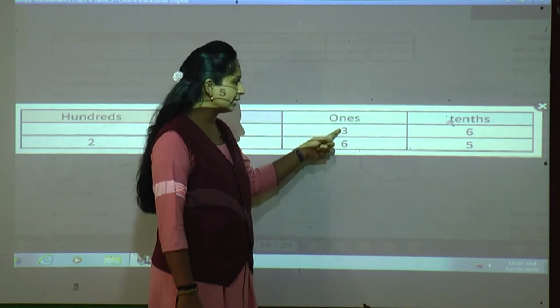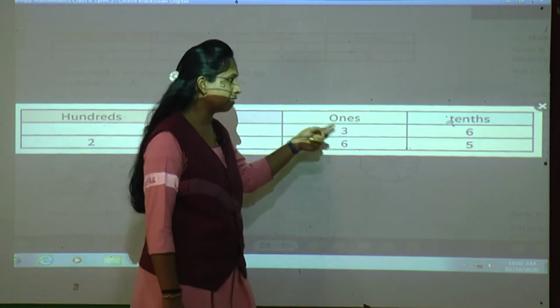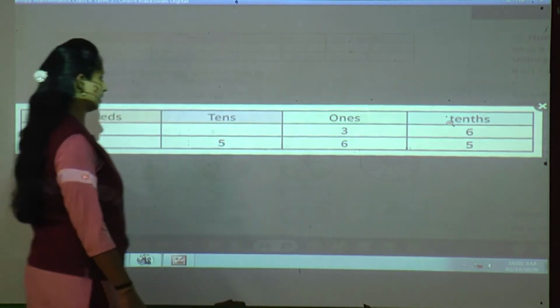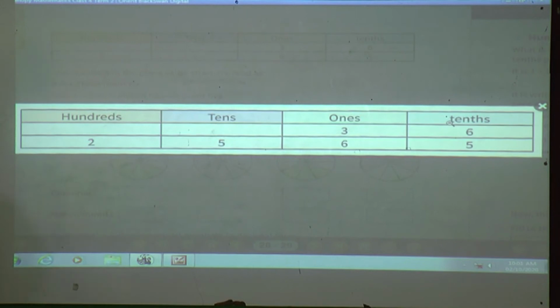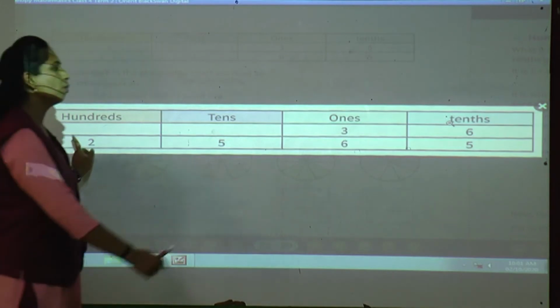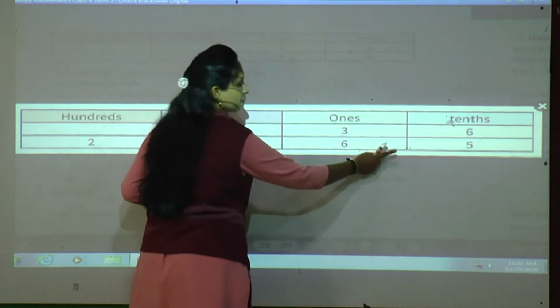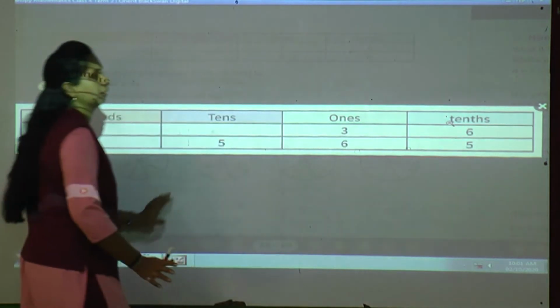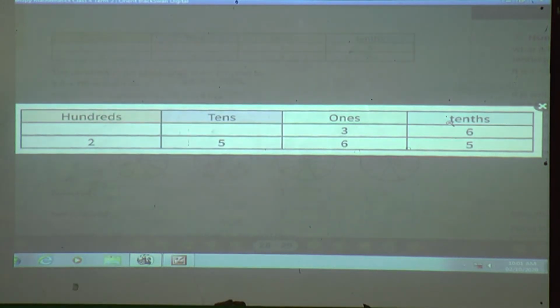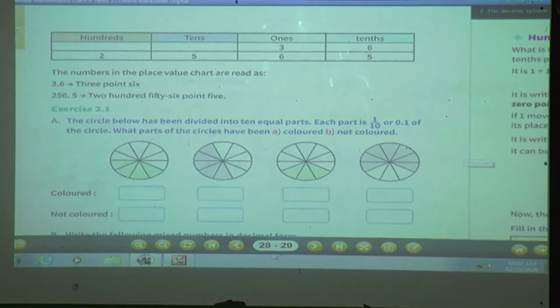We write 3 in the ones place and 6 in the tenths place. Okay, if suppose 256.6 is there, how can we write? Yes, tell me. Where will the point come? After the ones place. So 256.6. Are you getting? Yes? Very good.